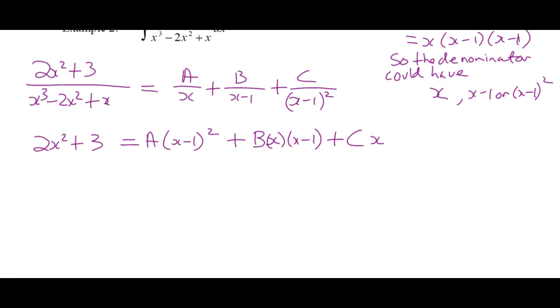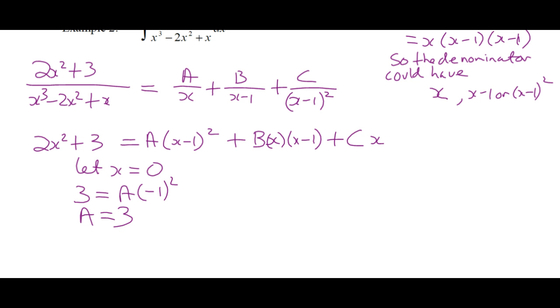Okay, so what are we going to do? Yeah, so if we set x equal to 0, what's gone? B and C, right? So we let x equal 0. So on the left side, we got 2x squared plus 3, which is 3. And on the right side, we've got A times negative 1 squared. So then we know that A has to be equal to 3, right?